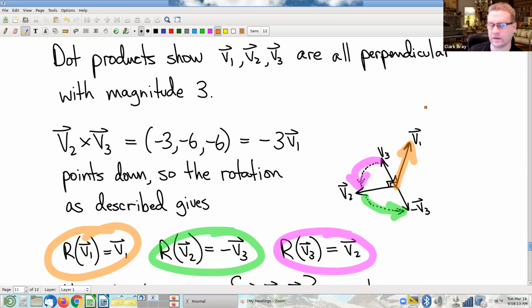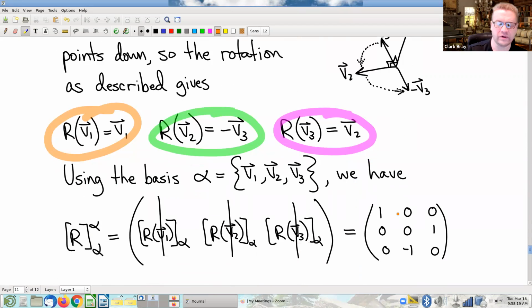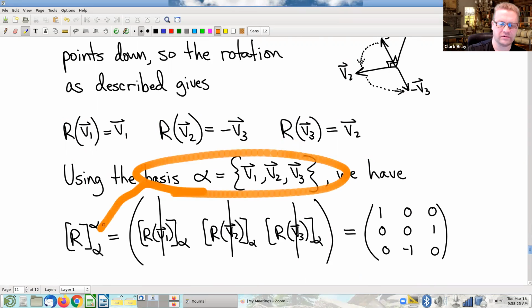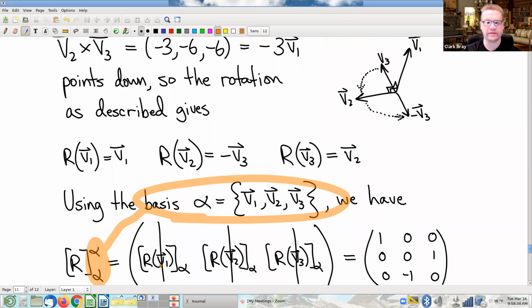All right, so the geometry gives us this picture, and that allows us to immediately write down what this rotation matrix is, with respect to this basis, right? So in the language of this carefully chosen basis of vectors V1, V2, V3, we can write that down.